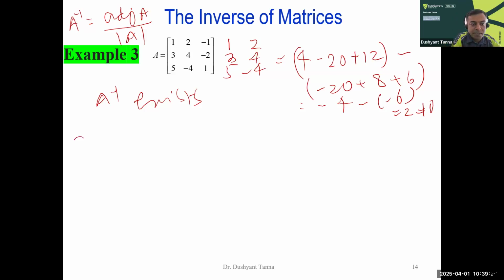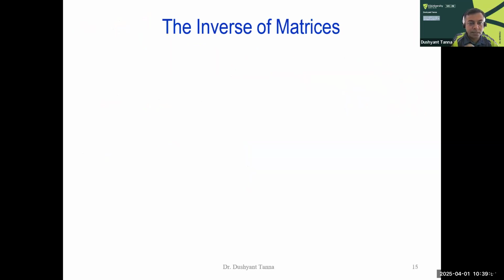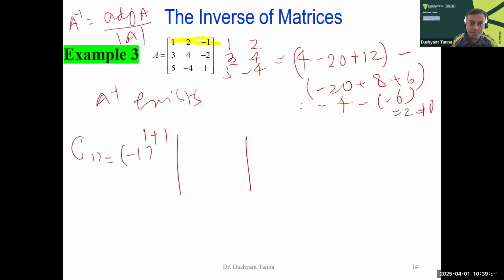Let's call it capital C11, which is minus 1 power 1 plus 1, i plus j. We hide the first row, first column.